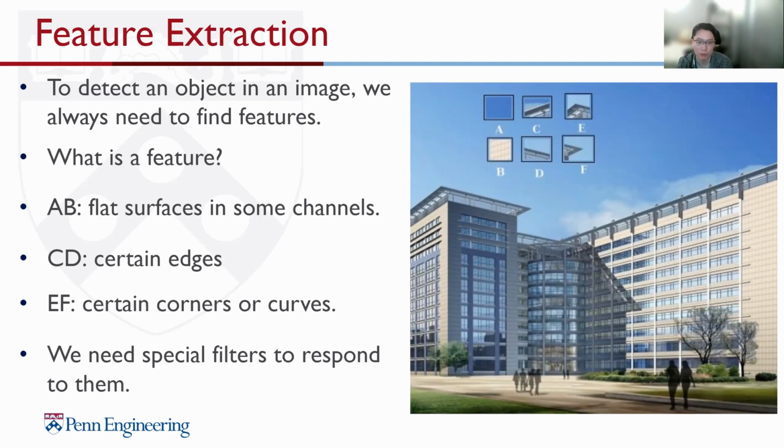Maybe we can detect the edges on the two sides of the window, the windshield. That's also another feature. So the classical way of doing object detection is that we look at the object, see what features it has, and design a filter that responds to them.